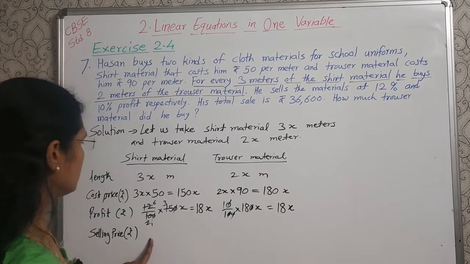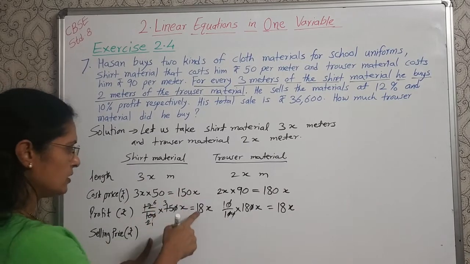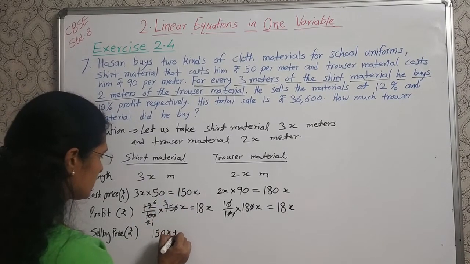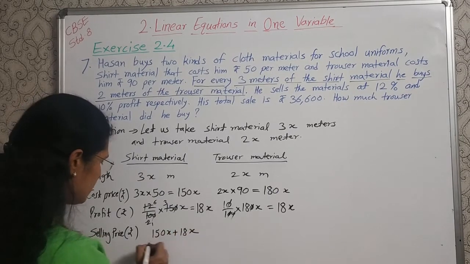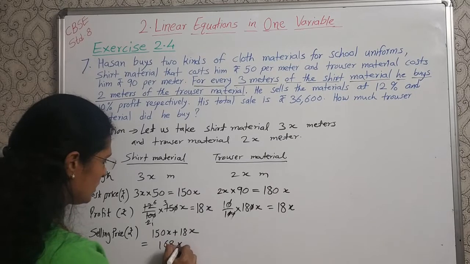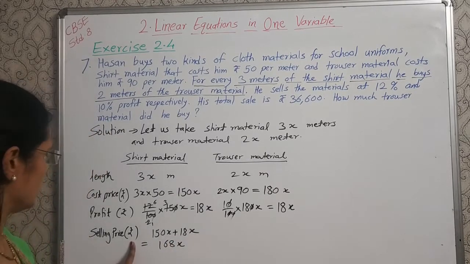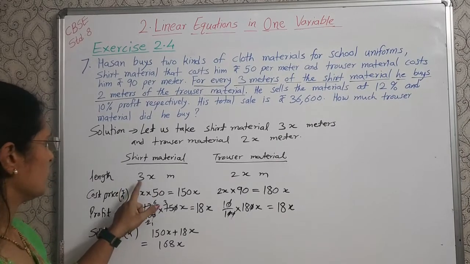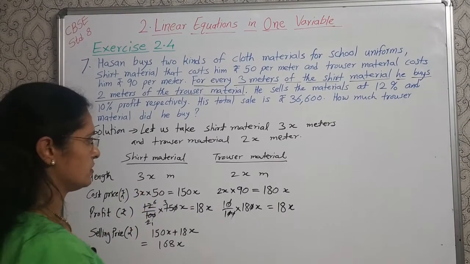Selling price is equal to cost price plus profit, so it is 150x plus 18x, and that is equal to 168x rupees. So this is the selling price of the shirt material whose length is 3x meters.